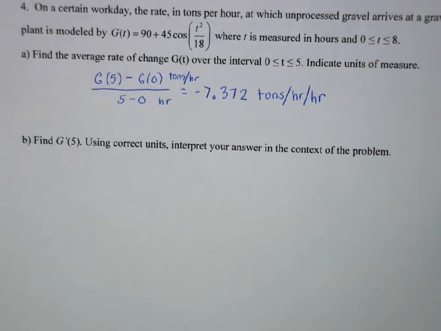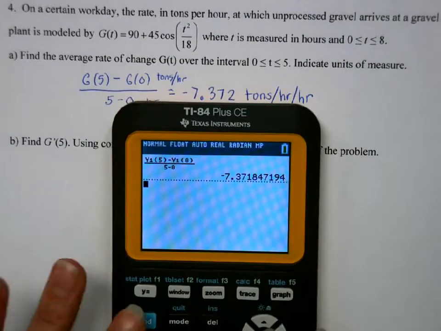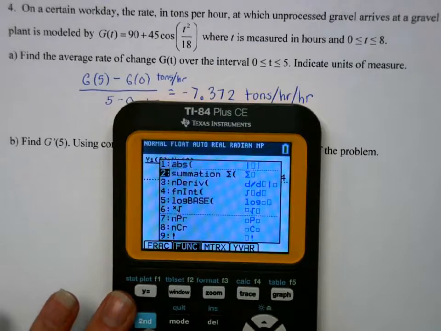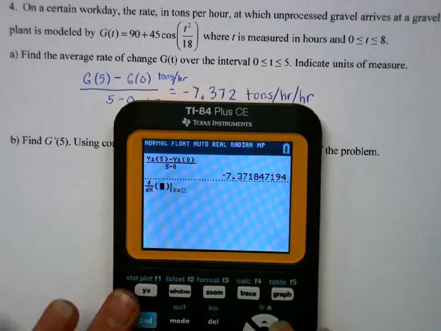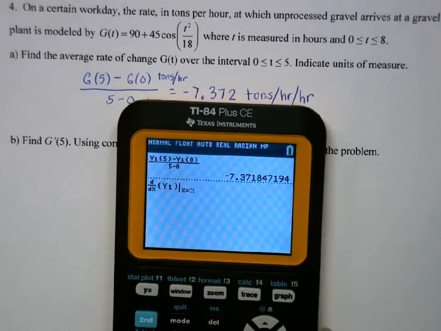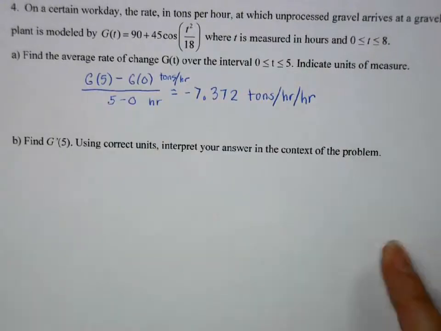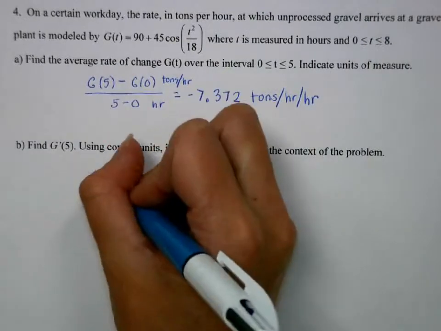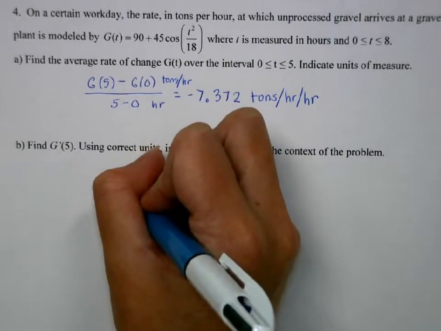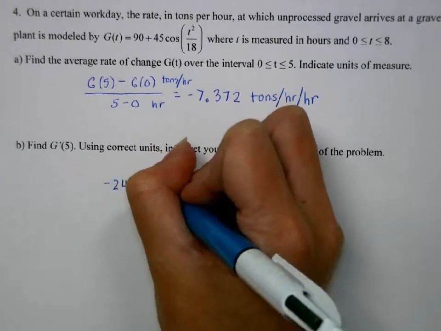Okay, find g prime of 5. So in your calculator, you're going to do alpha of 2, the numerical derivative of y1, evaluated at 5. So that is negative 24.587 or 588.